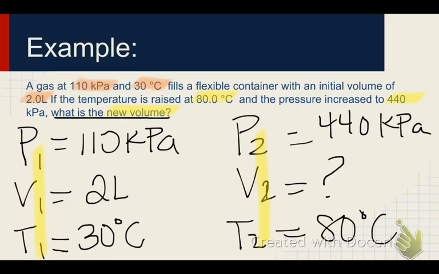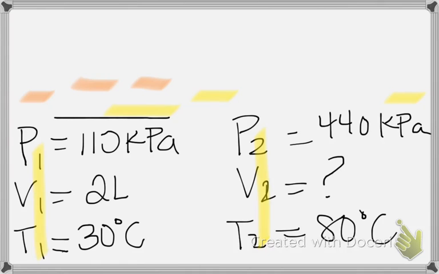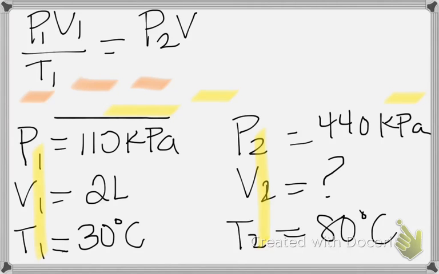So what we're going to do is we're going to go ahead and solve for it. So, like I said, the equation that we're going to be using is P1 V1 over T1 equals P2 V2 over T2. Now I'm going to go a little fast because I'm going to run out of time soon. So just keep going, or just pause me if I'm going a little too fast, okay? So like I said, just plug in your variables.